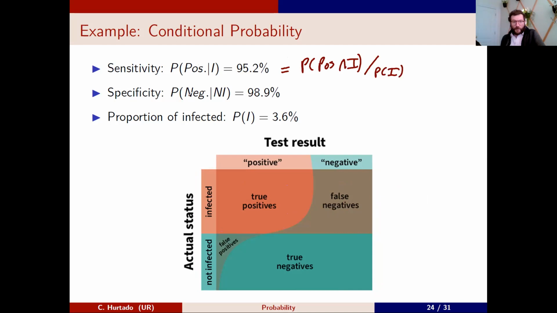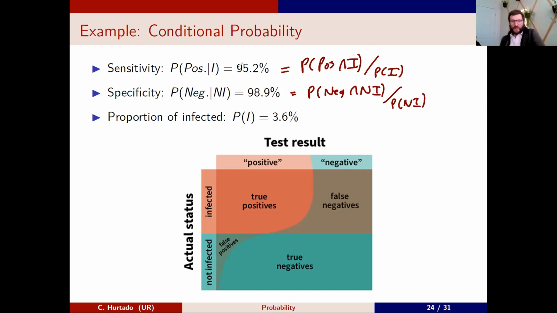And then the probability of negative given not infected is going to be equal to the probability of negative and not infected over the probability of not infected, which is very useful because now we can try to figure out what is known and what is unknown.